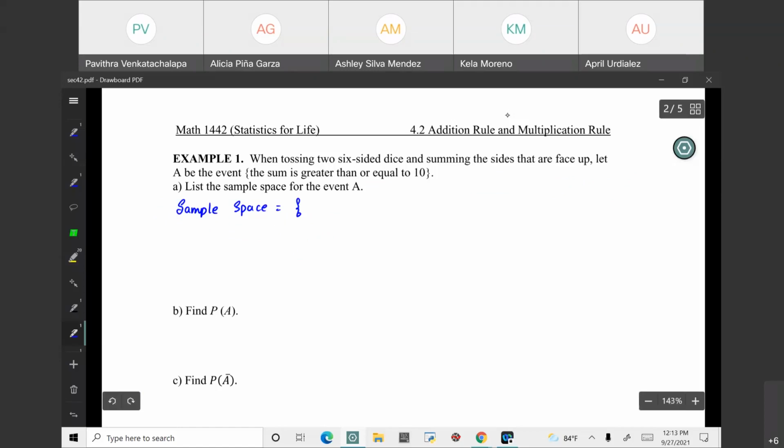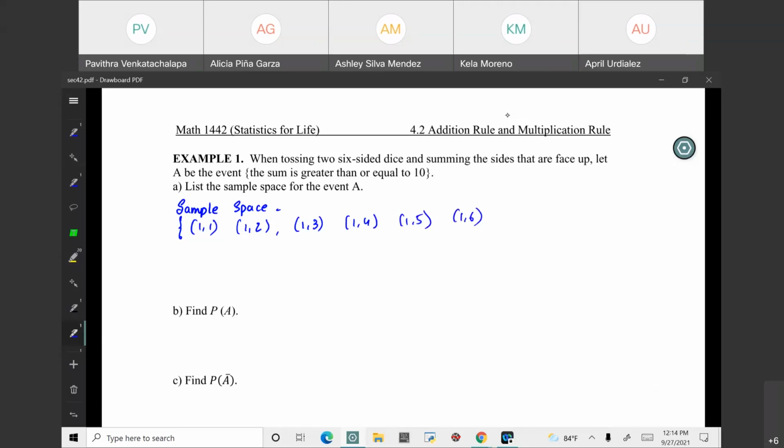Now when a dice is thrown twice, the sample space can be first and second time I get 1, 1, or else I can get 1, 2, 1, 3, 1, 4, 5, 6. So first time I get number 1, and second time when I throw a dice, it could be anything: 1, 2, 3, 4, 5, 6, right?